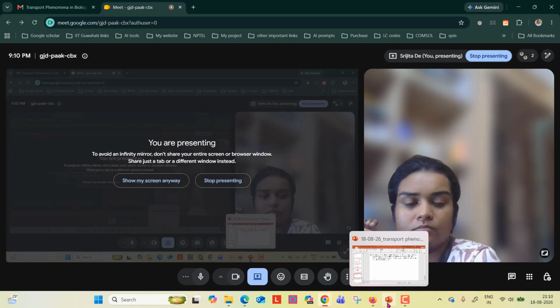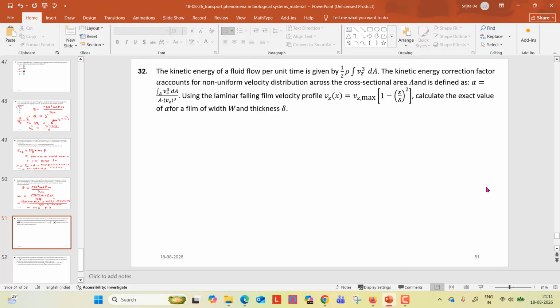So, from the falling film case, we know that total area, we can define dA as W dx. Total area A is W delta. The average velocity is defined as 2/3 of Vz max, right?